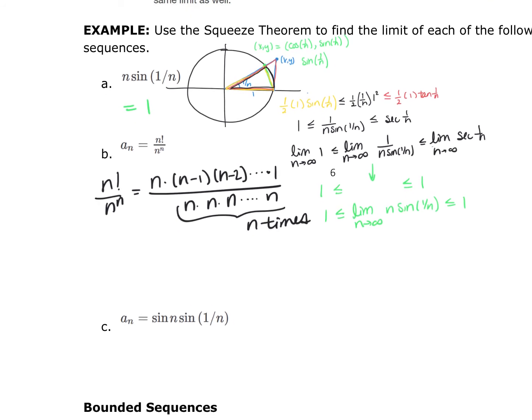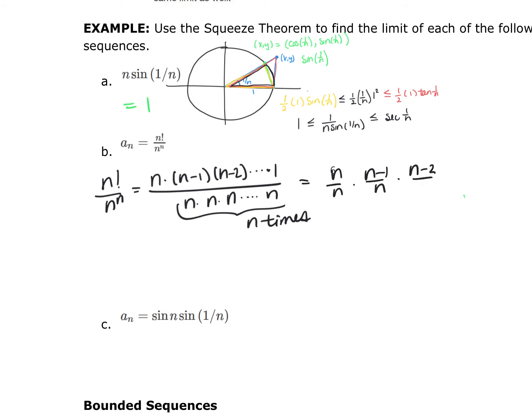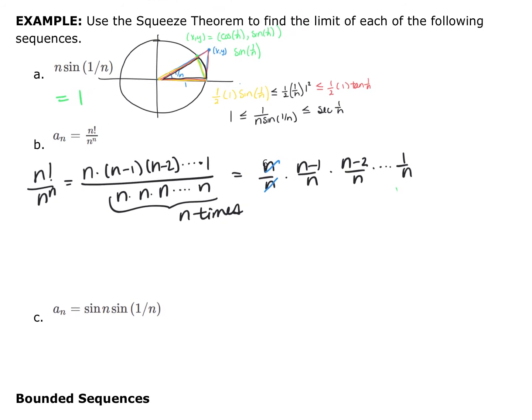We know that when we finally get done, this is going to be n over n multiplied by n minus 1 over n, multiplied by n minus 2 over n, all the way down to 1 over n. Now, this becomes 1. This n minus 1 over n can be written as n over n minus 1 over n.